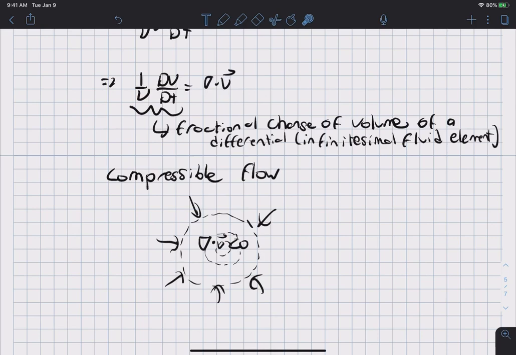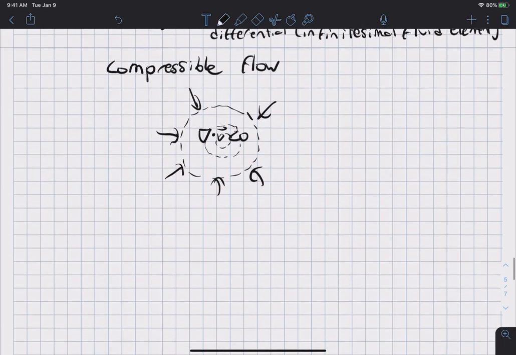Okay, now if the flow is divergence free for an incompressible flow, which means that the divergence of the velocity field is equal to 0, that means that no matter how hard I push on our fluid element, its volume will basically never change.